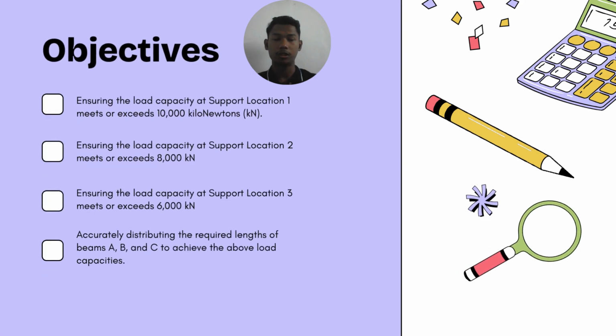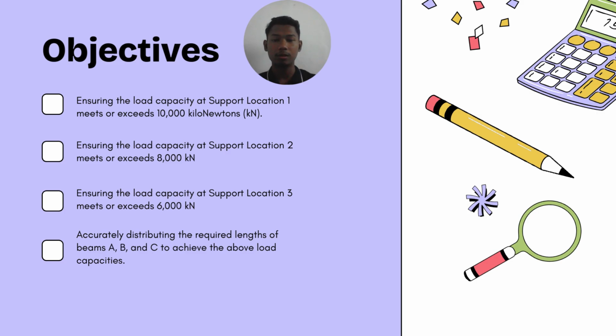Second, we go to objective. The first thing is ensuring the load capacity at support location 1 meets or exceeds 10,000 kilonewton. Number two, ensuring the load capacity at support location 2 meets or exceeds 8,000 kilonewton.